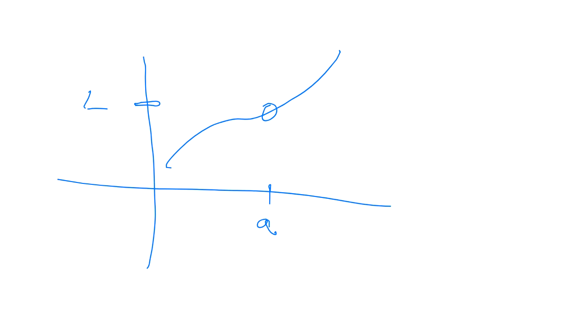So once again, I'm going to use red from the right today. As x gets closer and closer and closer to A from the right, what I'm seeing here is that my height would get closer and closer and closer to L from the right. So that's what we're going to call the right-handed limit.